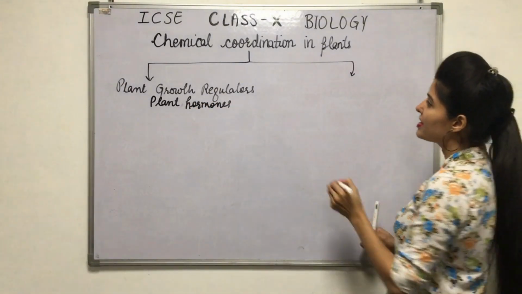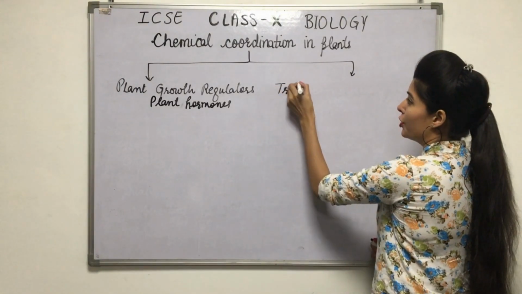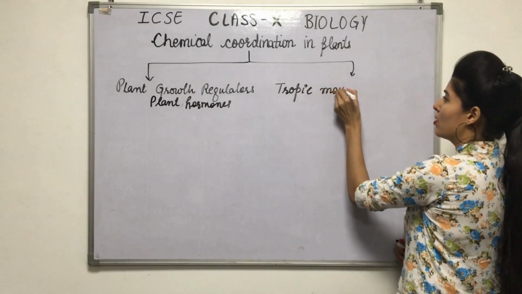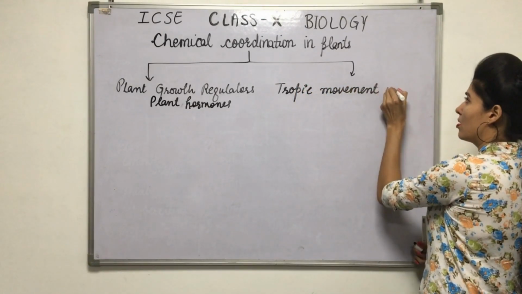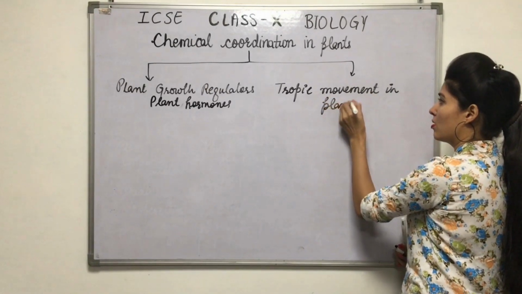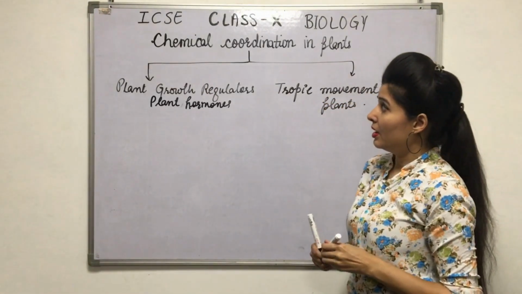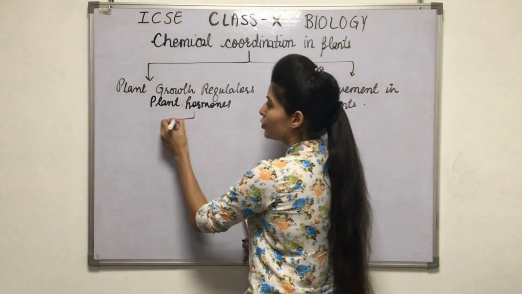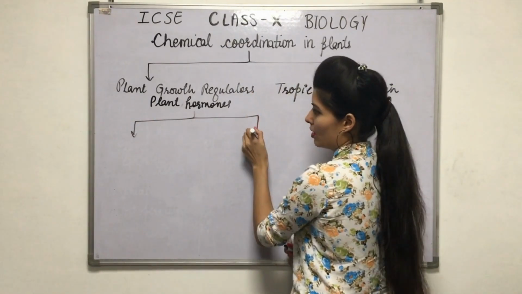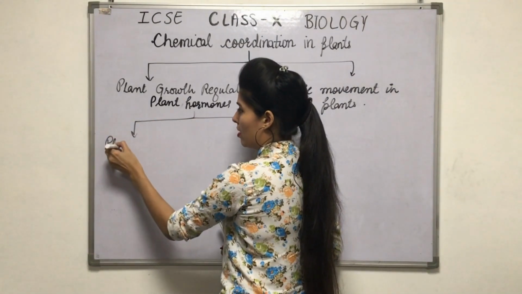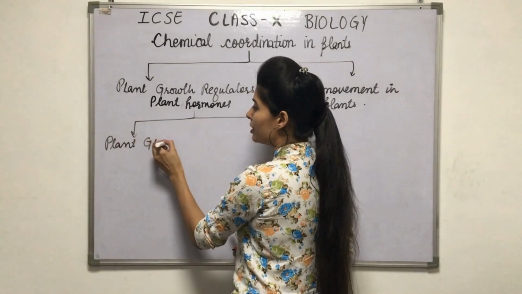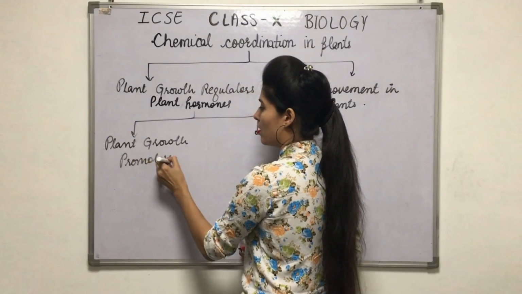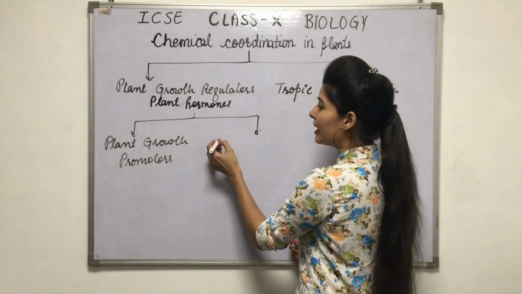And the second part of the chapter is trophic movement. Now plant growth regulators can be further divided into two parts: plant growth promoters and plant growth inhibitors.